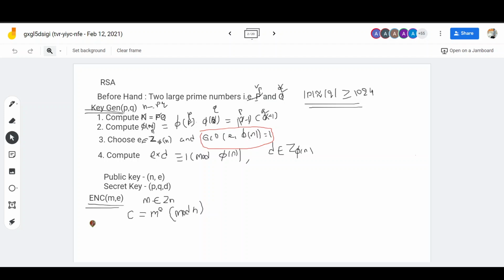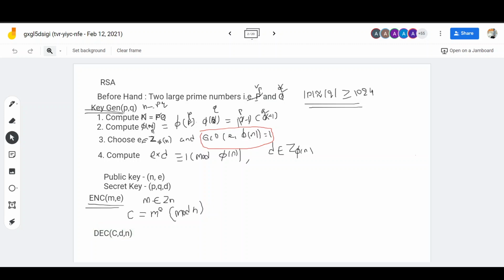One more algorithm we have is the decryption algorithm. What is required for decryption? C, d and n are required as inputs.